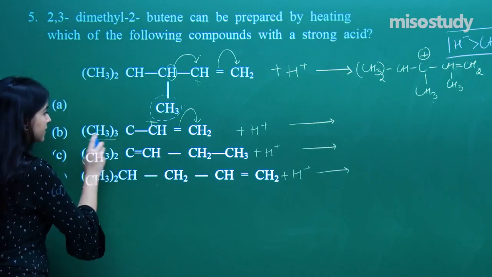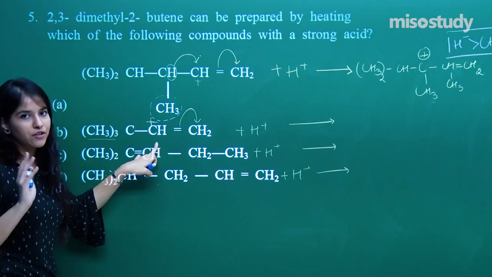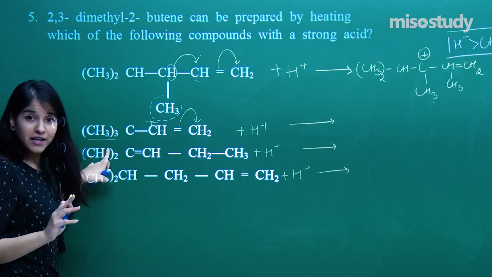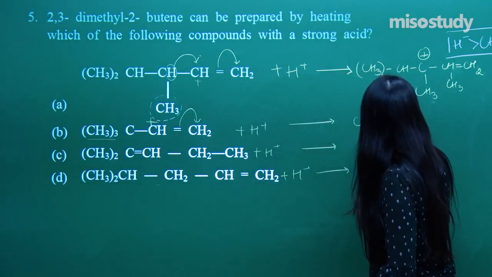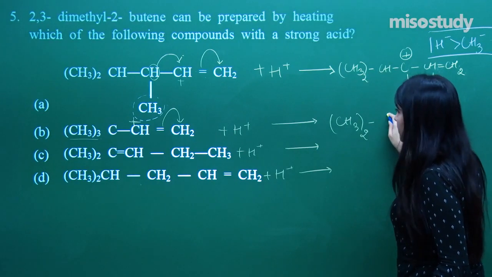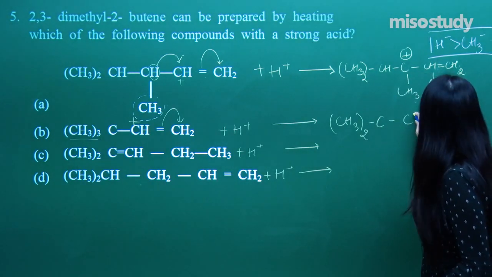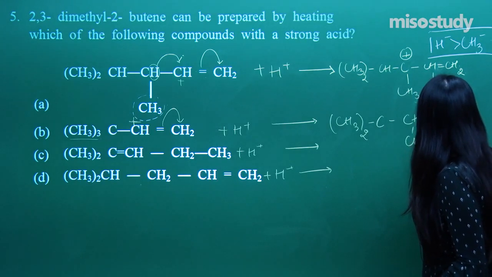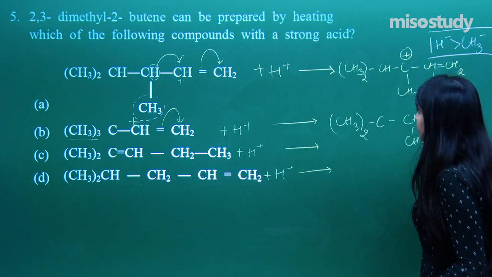There are 3 methyls, I can shift 1 methyl. Because there is no hydride, I cannot have a hydride shift, but a methyl shift. So what do I get? CH3, and that is what we have.